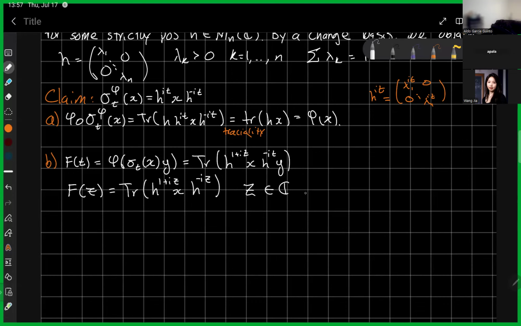Technically it needs to live on the strip, so 0 is less than the imaginary part of c, which is less than 1.